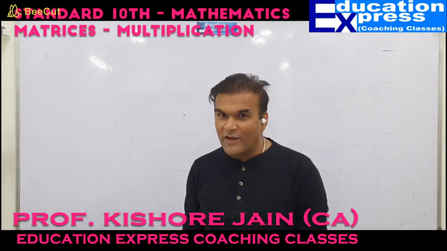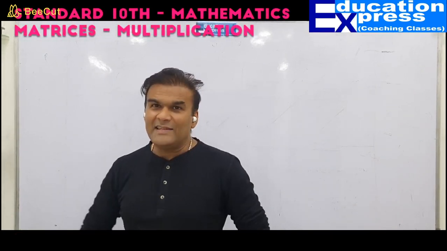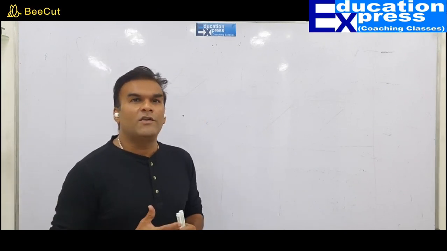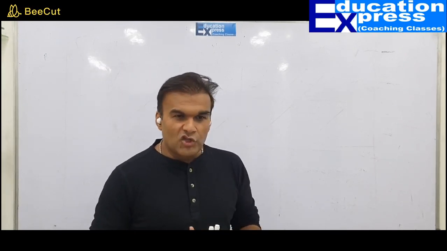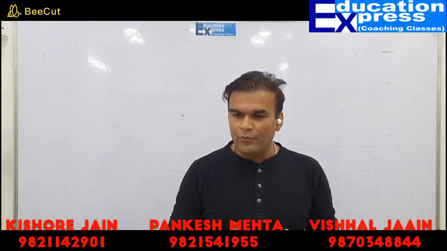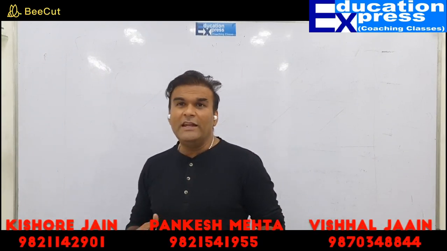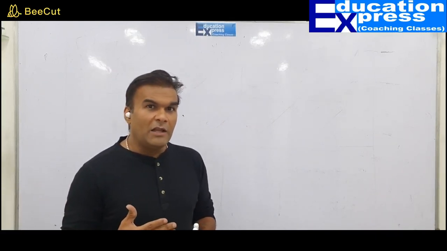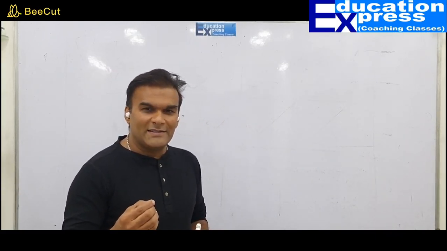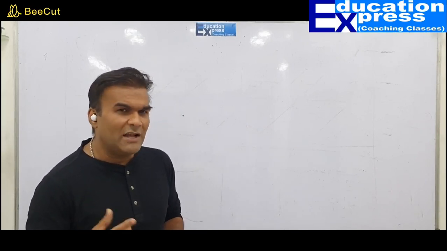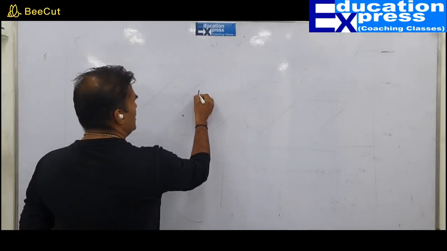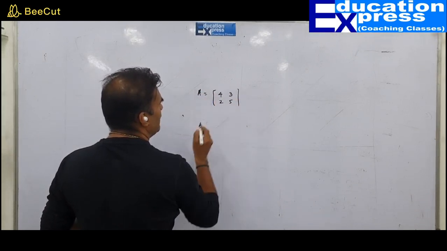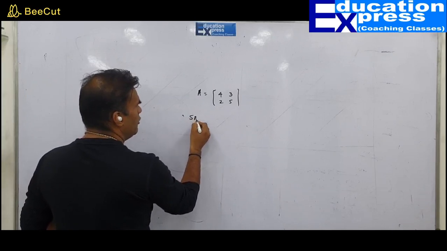Let's continue with matrices. Last time we discussed relevant properties required for solving exercises A and B. So we did the rules of addition, subtraction and multiplication of an arbitrary constant with a matrix. What does that mean, sir? It means, supposing you have a matrix A which is 4, 3, 2, 5, then we learned how to find out 5A.